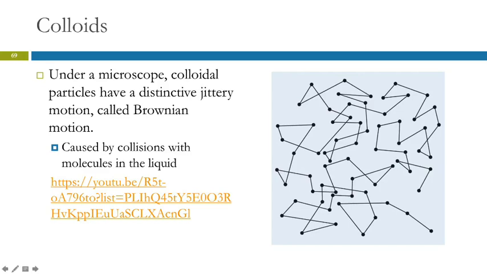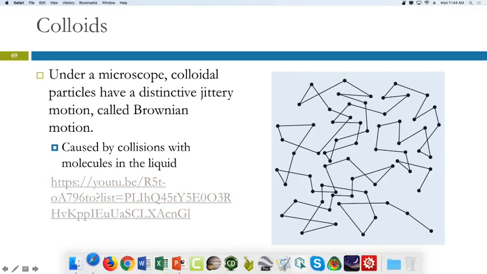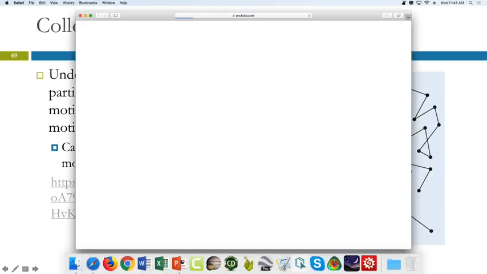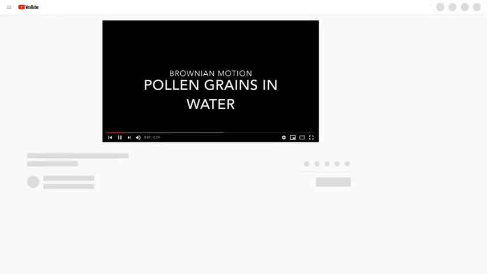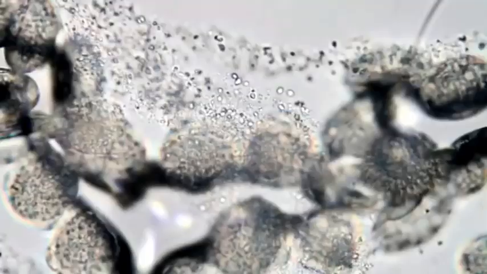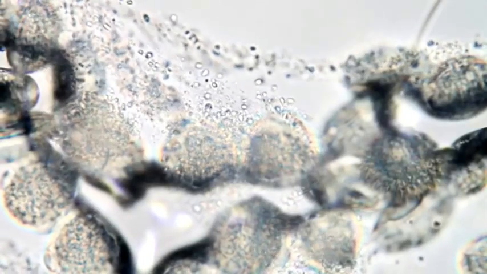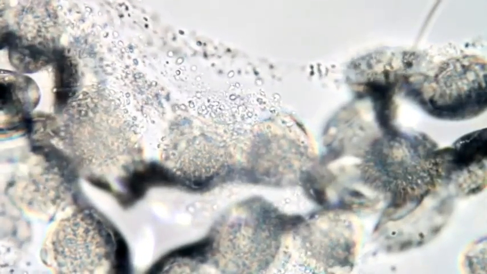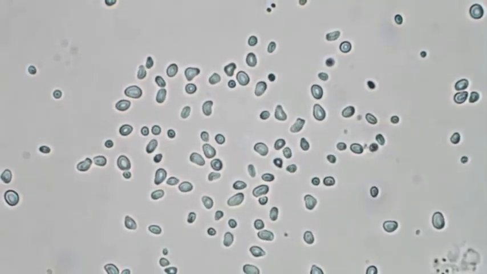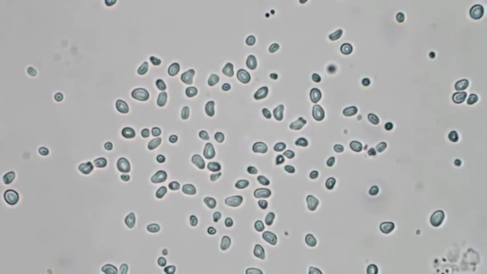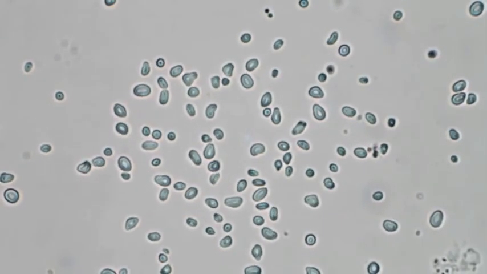The jitteriness here is caused by collisions of the particles with molecules in the liquid. So this is looking at pollen grains in water. So that's the Brownian motion. They almost look like they're alive.